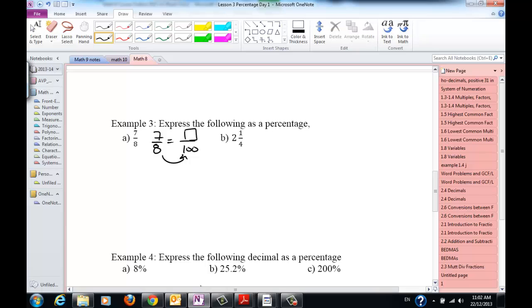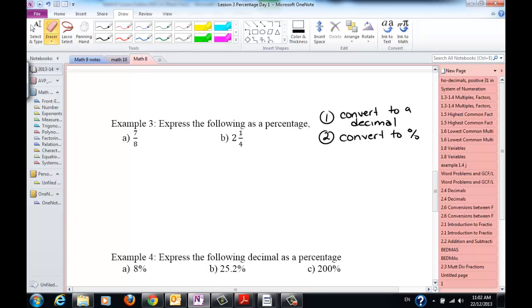So whenever we have fractions, our first step is always going to be convert to a decimal, and then we're going to convert to percentage. Alright, so what I have is 7 divided by 8.